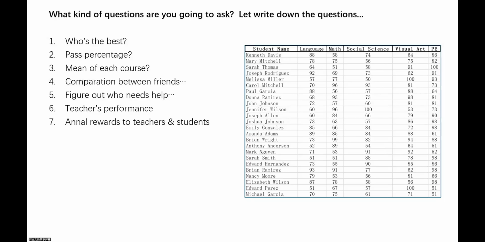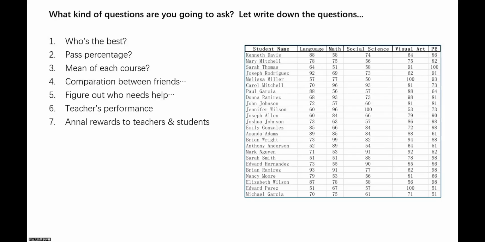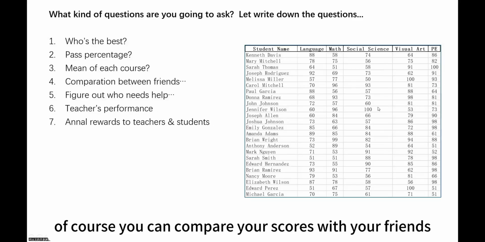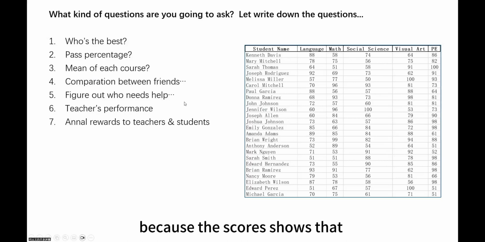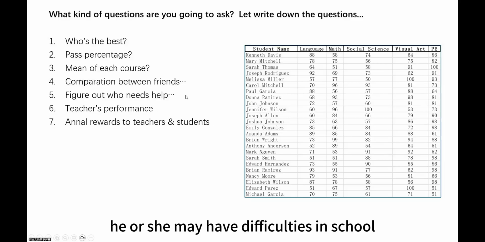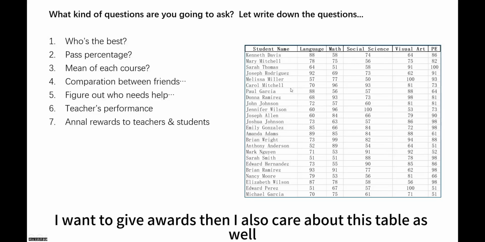So we can call it the pass percentage. And Charles said that he wants to know about the mean of each course. Of course, you can compare your scores with your friends. You can figure out who needs help, because the scores show that he or she may have difficulties in school. If I'm the principal, I want to give awards, and I also care about this table as well.